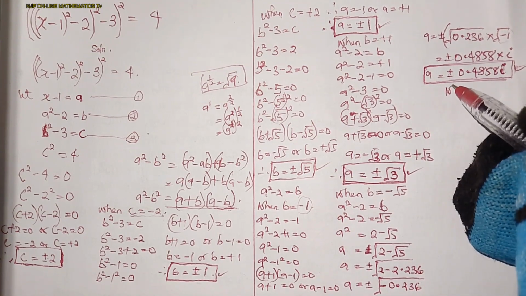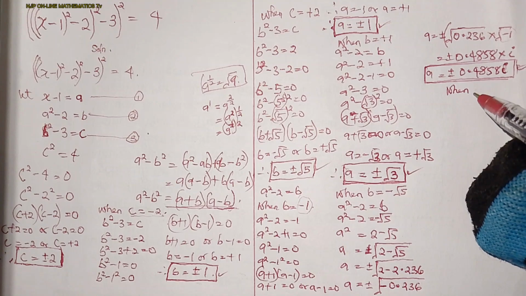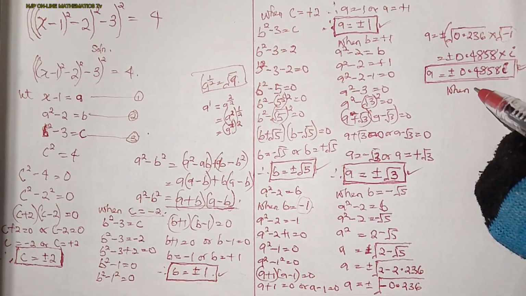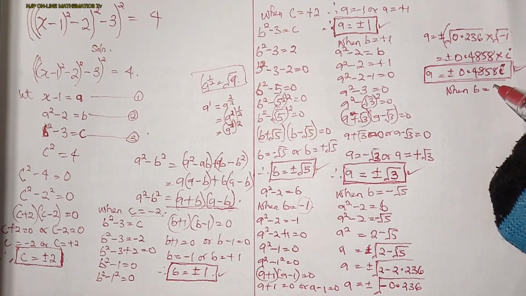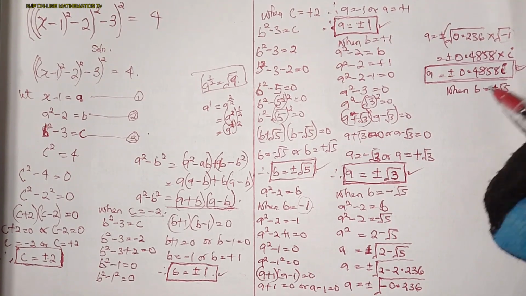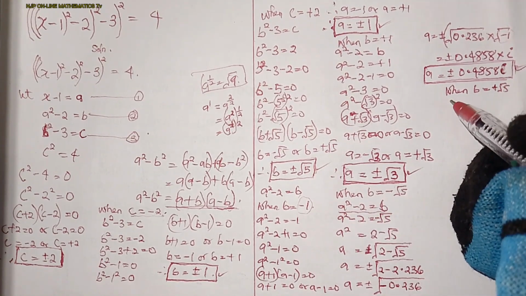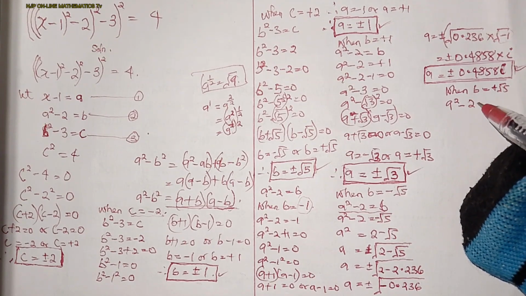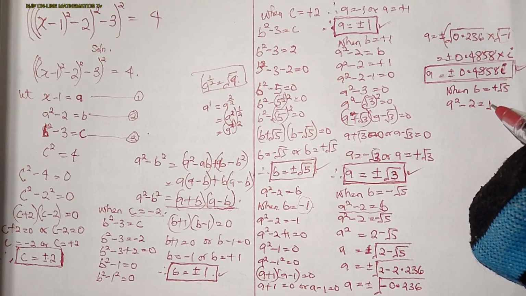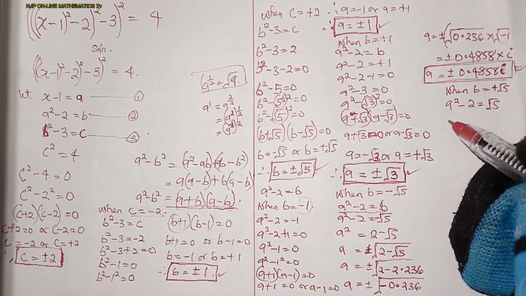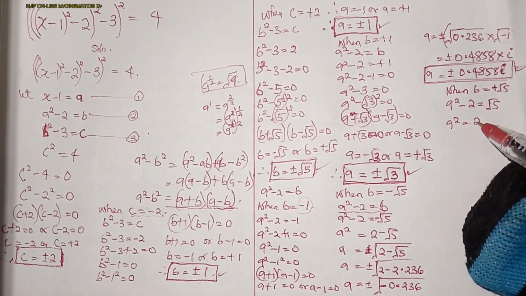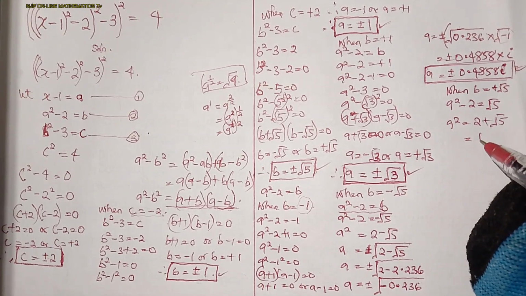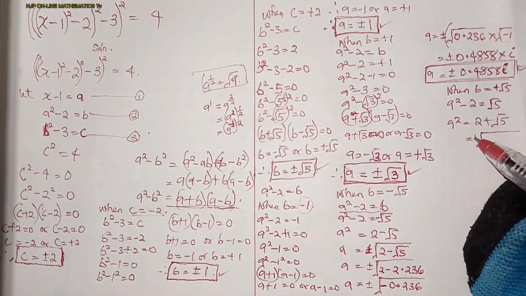So let's substitute when the value of B, remember we are now here, equals a positive root 5. So into this equation, that's A squared minus 2 equals root 5. So we are having that A squared equals 2 plus root 5, and we are now going to find the square root of both sides.